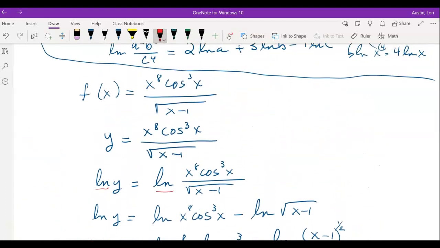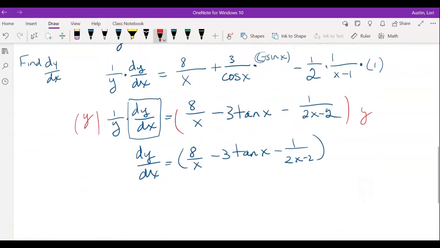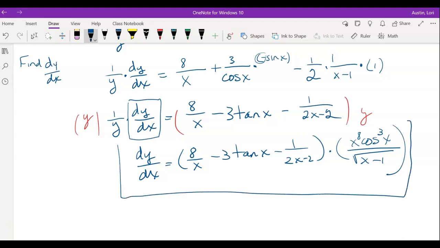And there's your y. Y, of course, is equal to your original function, which is x to the 8th cosine cubed x over the square root of x minus 1. That is complete.